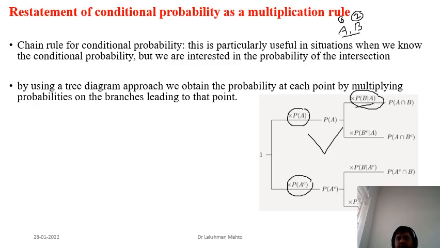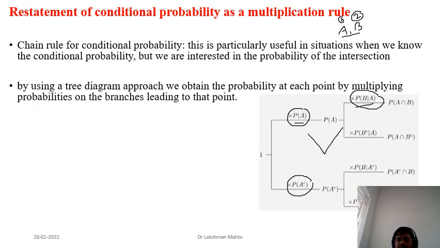If someone wants to calculate the joint probability of A and B, it is just the product of the probabilities on these branches. So the probability of A intersection B is the product of probability of A and probability of B given A. This conjunction probability we calculate through the product rule or multiplication rule.